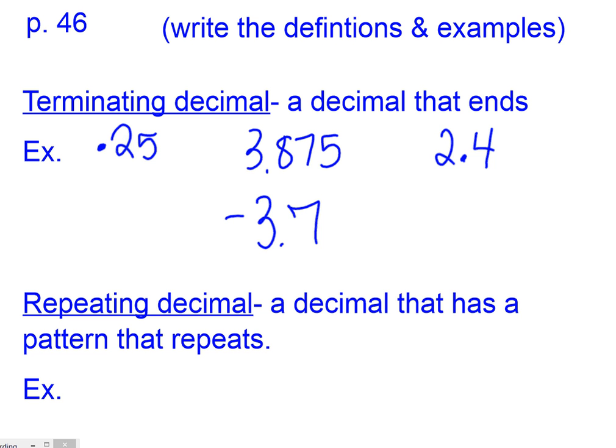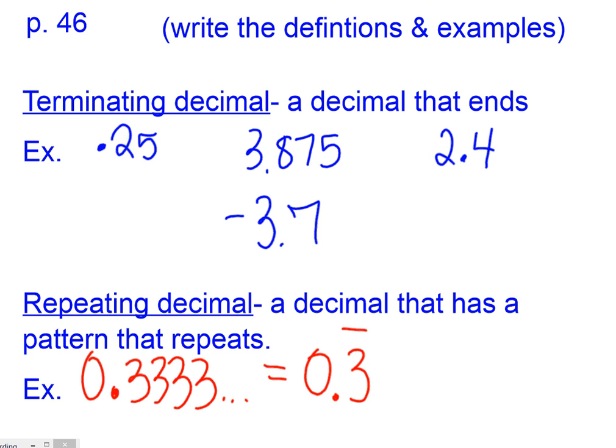However, repeating decimals are decimals that have a pattern or that repeat. For example, you might see this number 0.3333. Instead of writing out those threes that continue on forever, you would rewrite it simply as 0.3 with a bar above the 3. You put the bar above the digit that repeats.